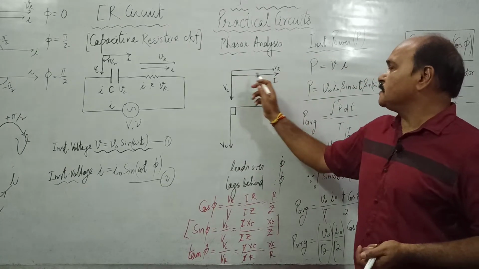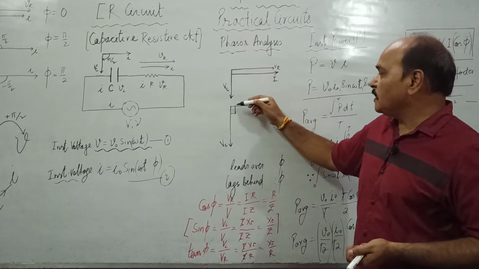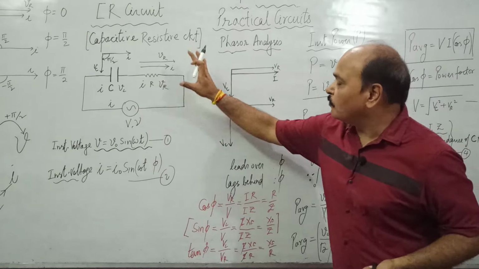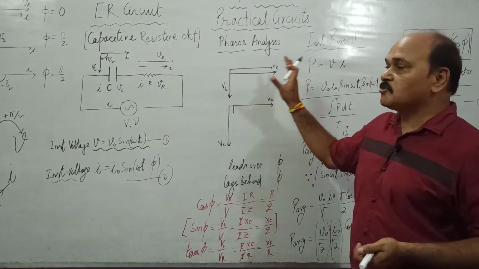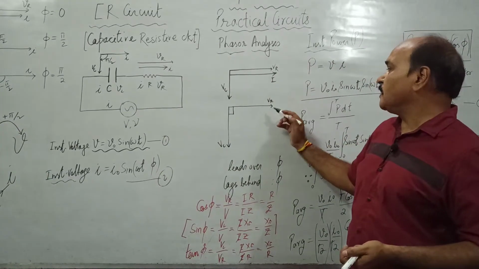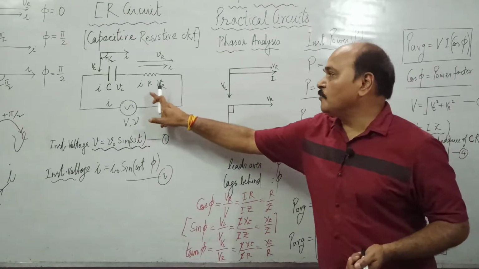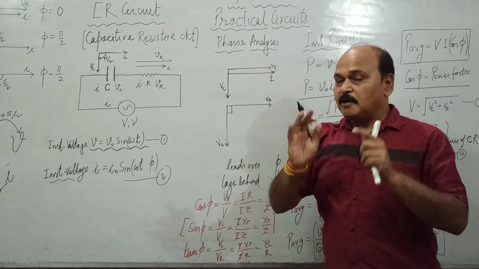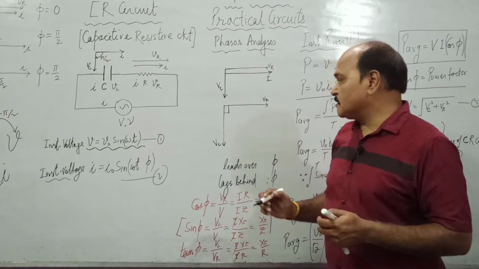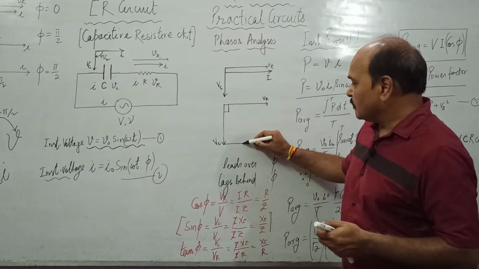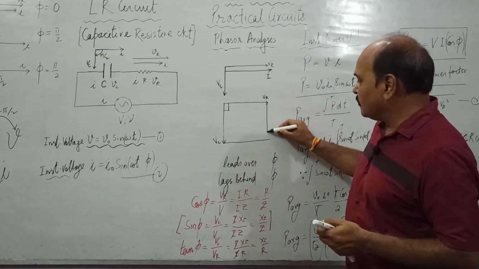This is VR, this is I, and this is I, this is VC. When we draw all four phasors together, where the current phasor is common, we come to know that VR and VC, the two voltages, are 90 degrees out of phase. Their sum is going to be the diagonal of the parallelogram through them.